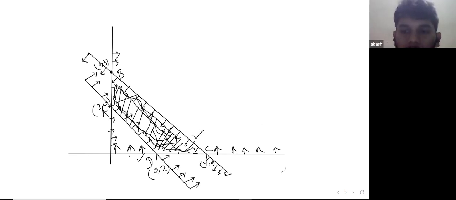Okay. So let's do another question. Absolutely clear, right? No issue. We'll have to know that the solution of linear inequations is always an area. All right. The shaded region is the area. Okay.